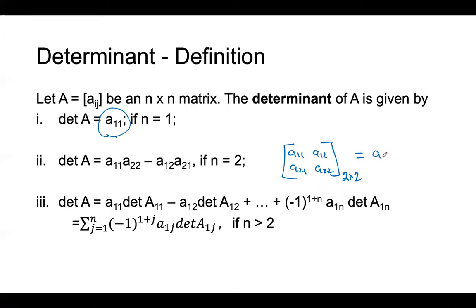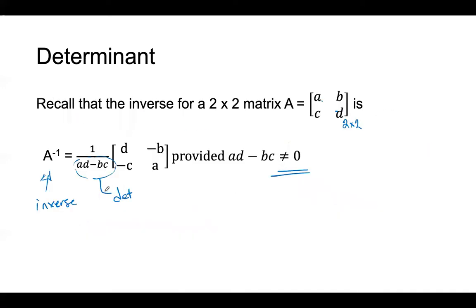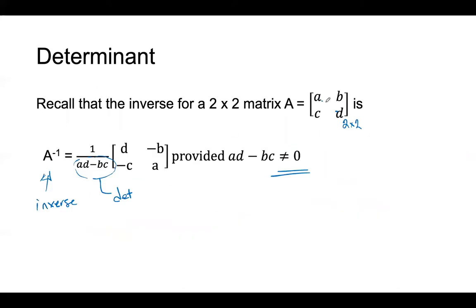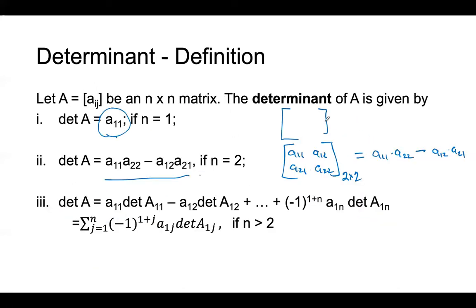So it's A11 times A22 minus A12 times A21. This is the same thing as we found before: AD minus BC. You could check this by putting A, B, C, D as we did before. This is just A times D minus B times C.